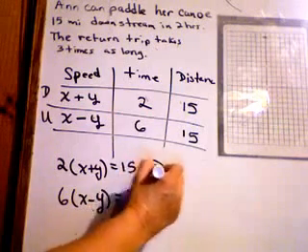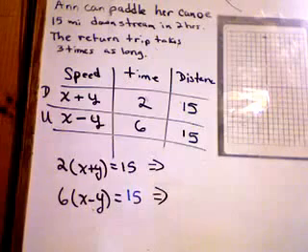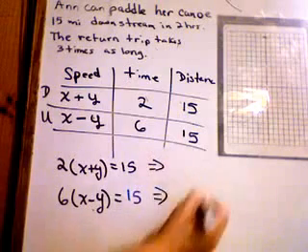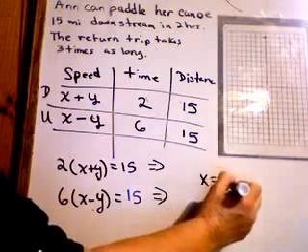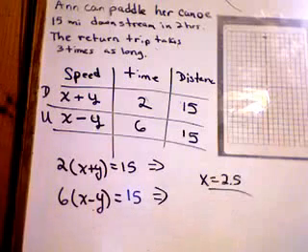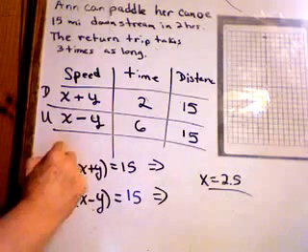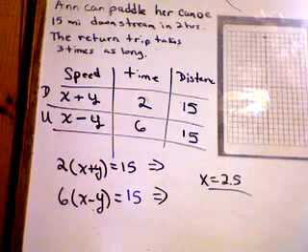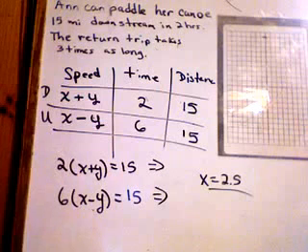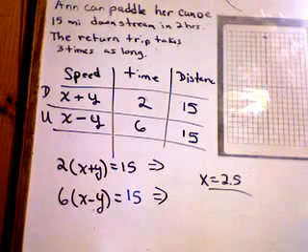Now, you can simplify these and solve them. Eventually, you should get x equals 2.5. I'm going to leave the solving to you. Be careful, don't forget to distribute, and then solve the system. And remember, there's a couple ways to solve the system. You can do it by adding and subtracting, or you can do it by substitution. Use what you like best.